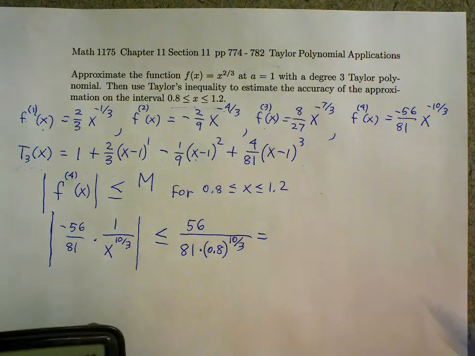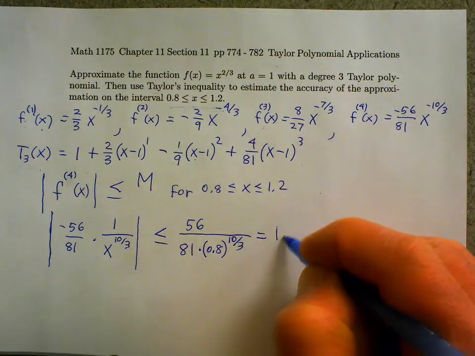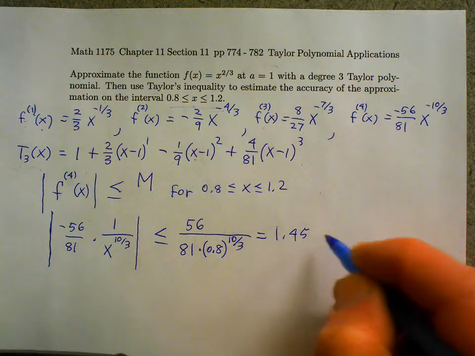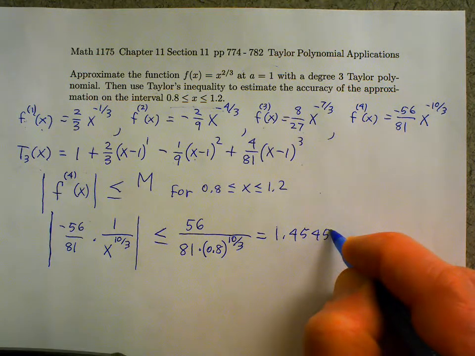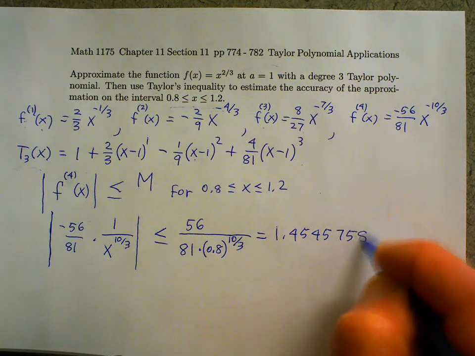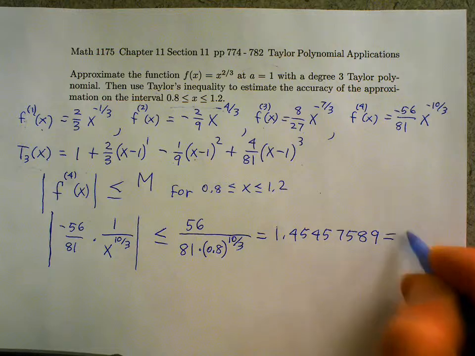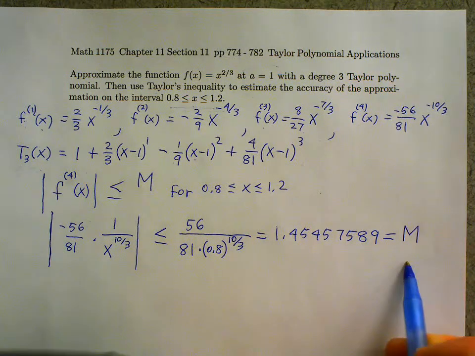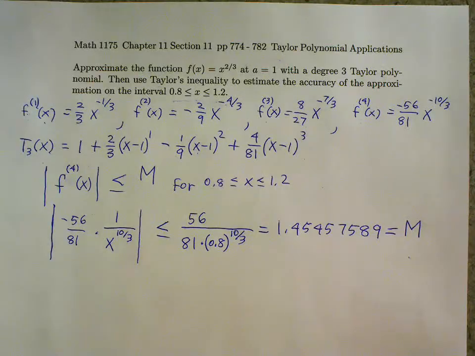So the number I get is 1.457589. So this is our number m in the Taylor's inequality.